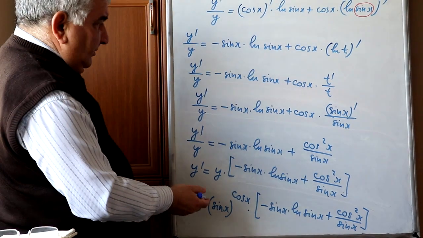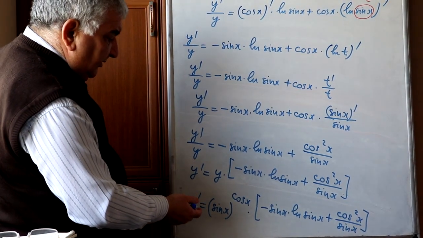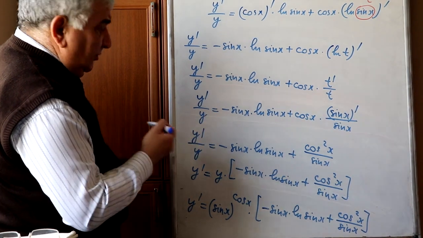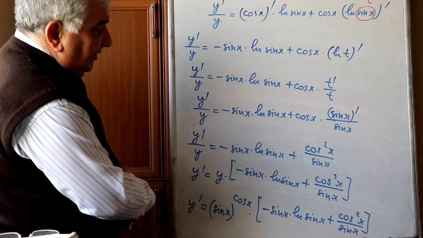It is the expression of the derivative, and then find the value of the derivative at the point pi in half.